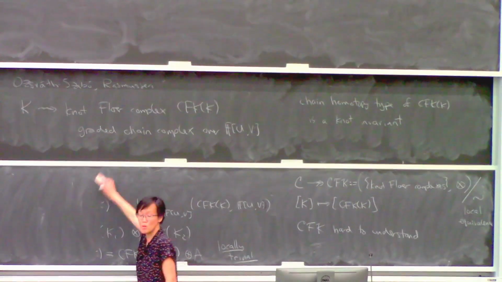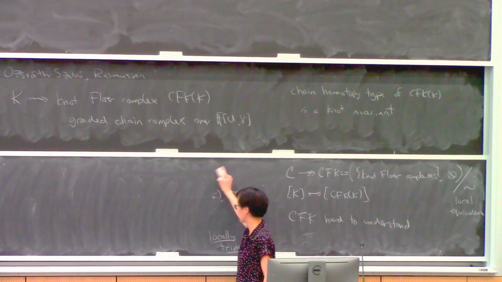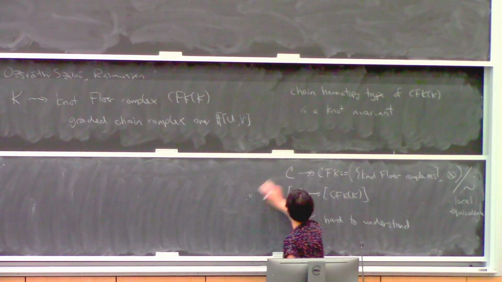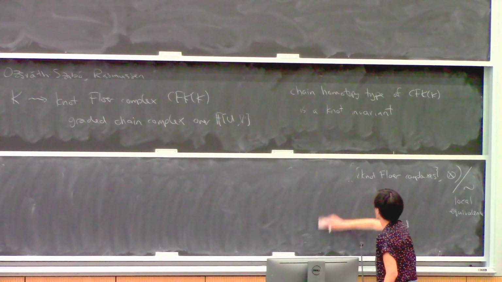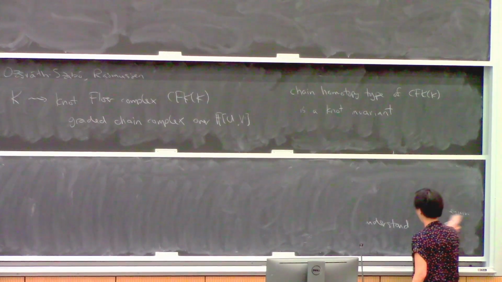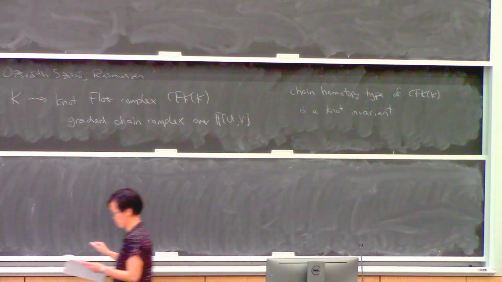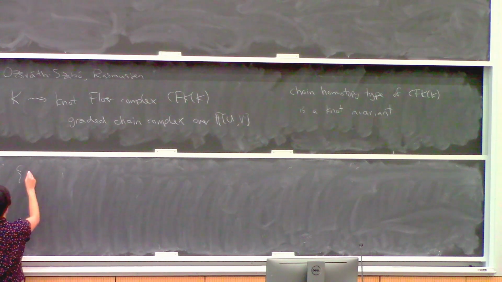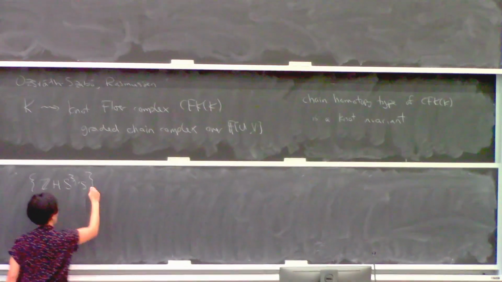One way to get new integer homology spheres from old integer homology spheres is to take the connected sum. So the connected sum of two integer homology spheres is again an integer homology sphere. So we have a set of integer homology spheres.